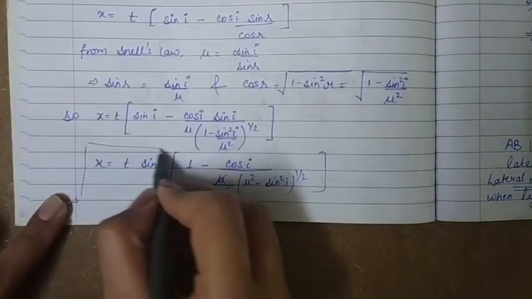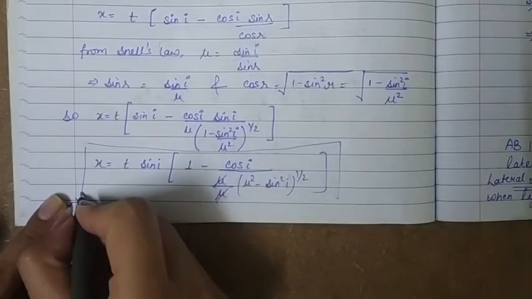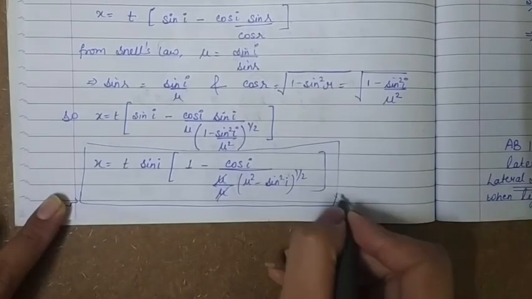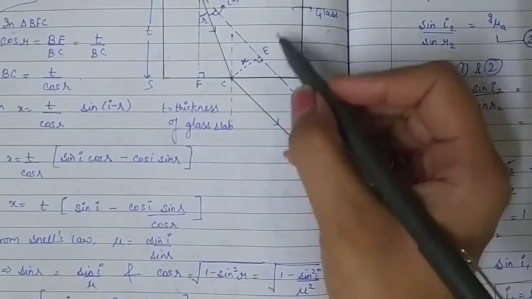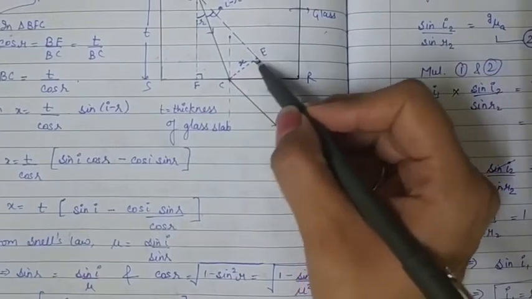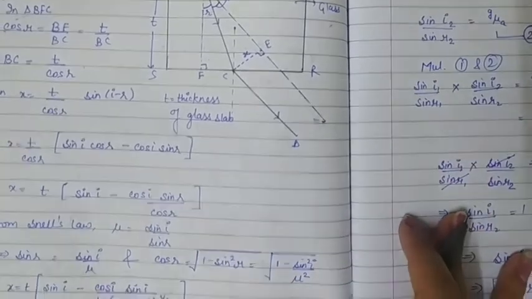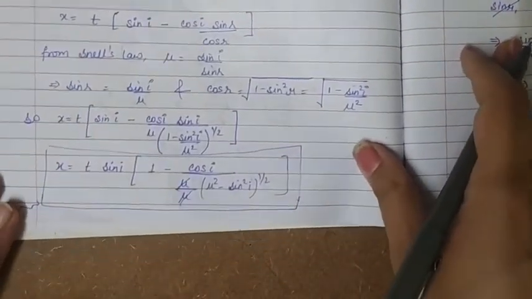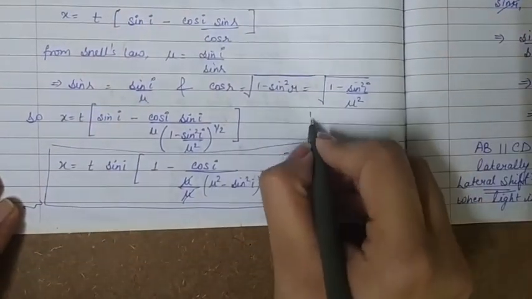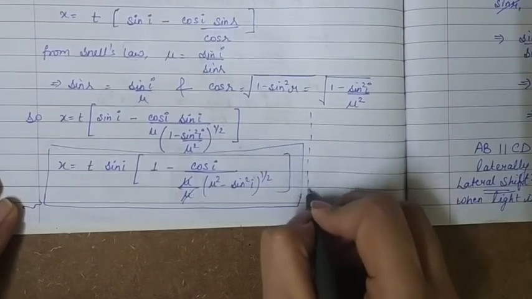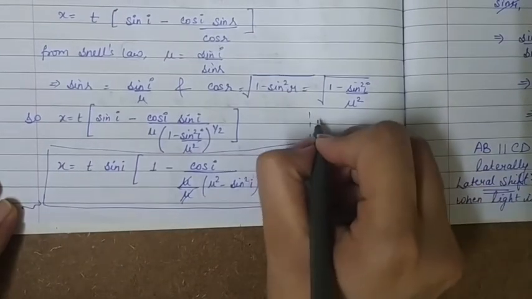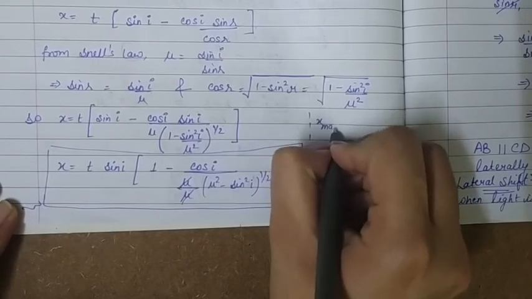Hence, this is the required answer for lateral shift or lateral displacement, meaning the perpendicular distance between the incident and the emergent ray. And there is one special case for this also: we can find the maximum lateral displacement, or x max.